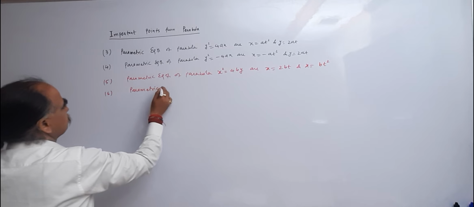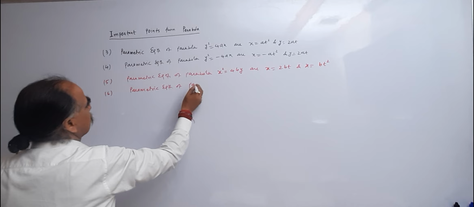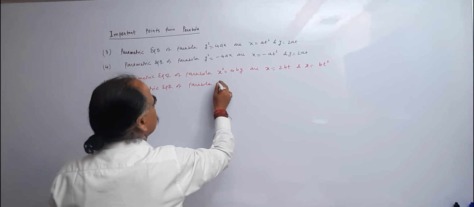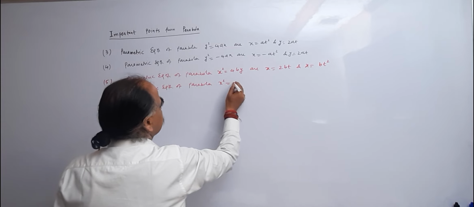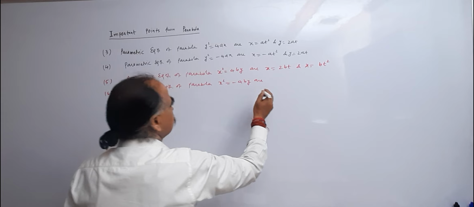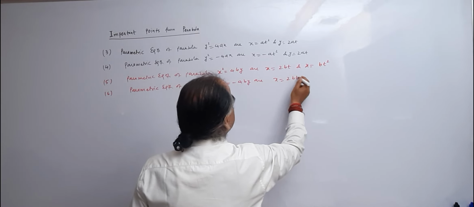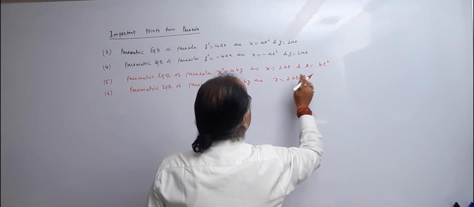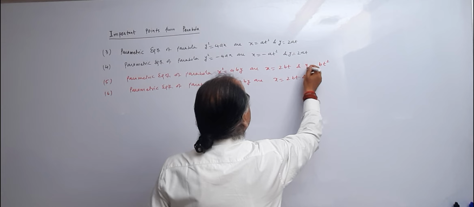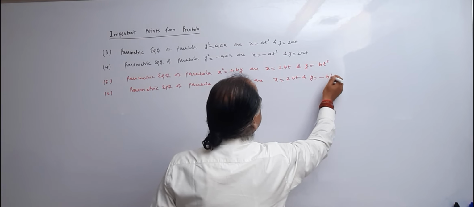Parametric equation of parabola x square is equal to minus 4by, or x is equal to 2bt and y is equal to minus bt square.